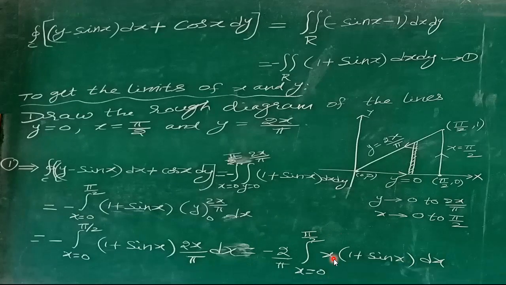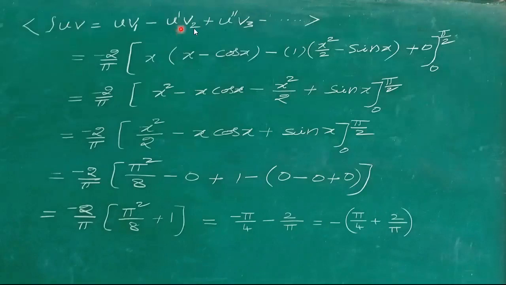Now the integration of this integral: here x I am taking as u and this one as v. By using the formula, first we write u means x, v1 means the integration of 1 plus sin x. One integration is x, sin x integration is minus cos x, minus u dash, the derivative of x with respect to x is 1, into v2, 2 times integration of 1 plus sin x.